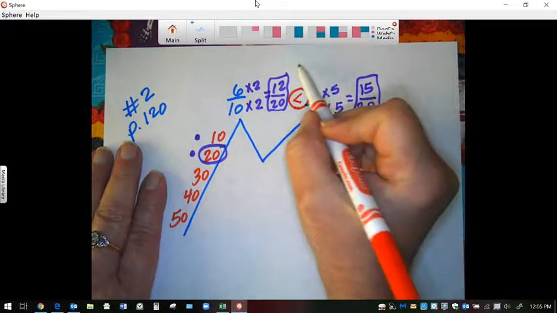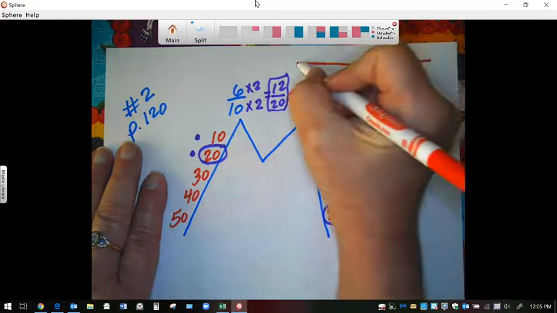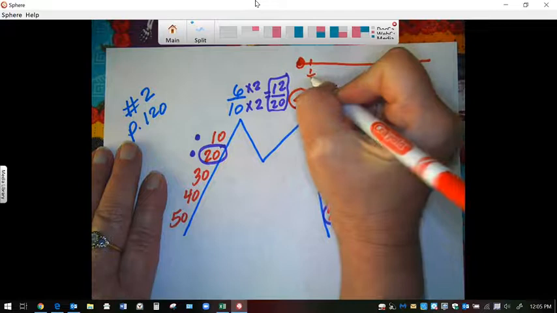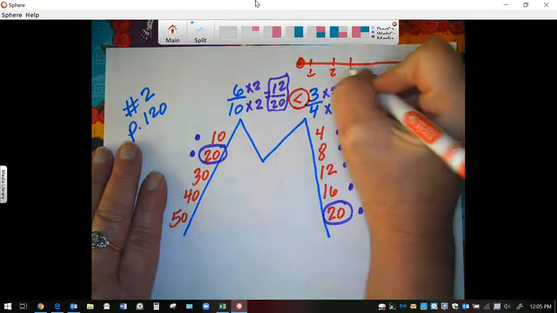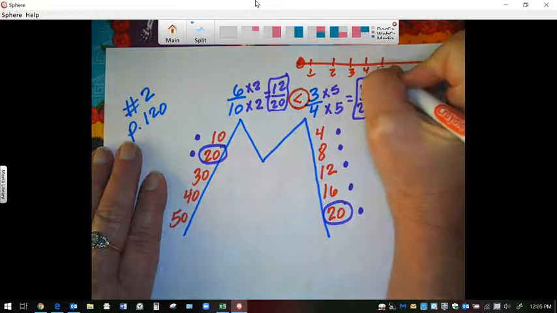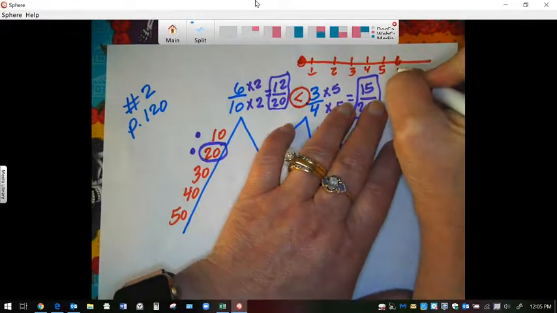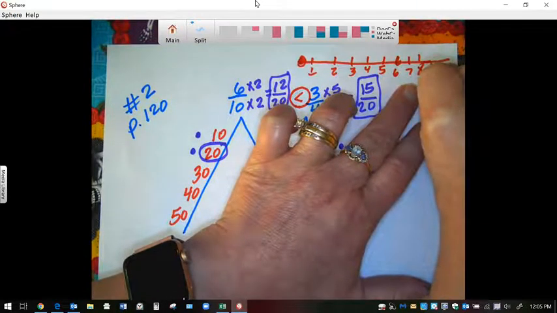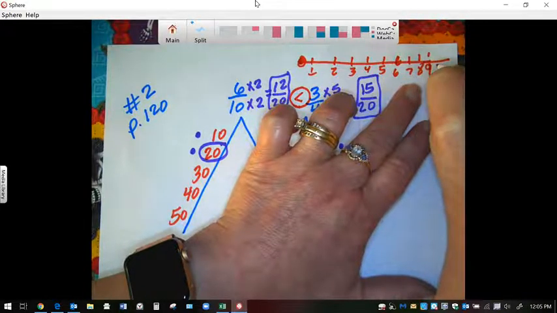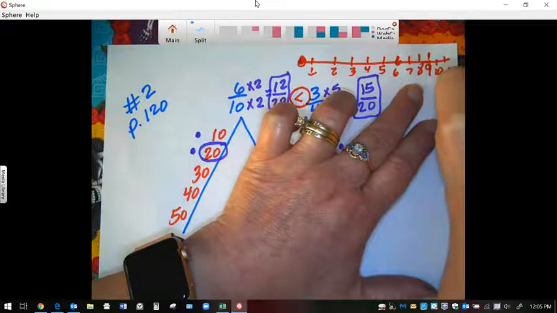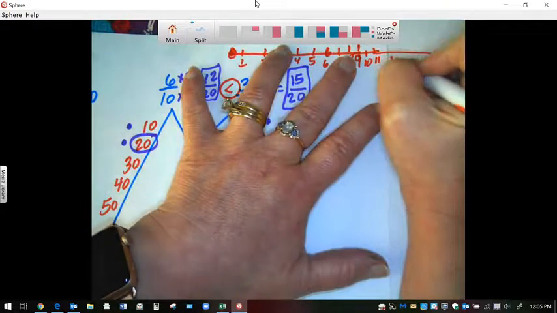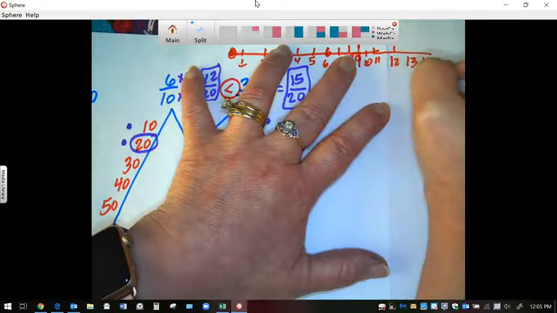If you draw a number line, and you start with 0, and then you have 1, 2, 3, 4, 5, 6, 7, 8, I'm running out of space, 9, 10, 11, I did run out of space, 12, 13, 14, and 15.